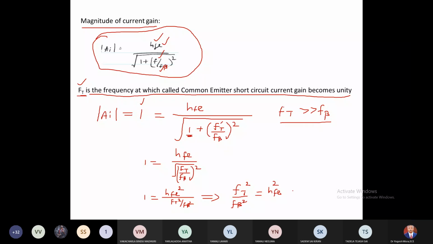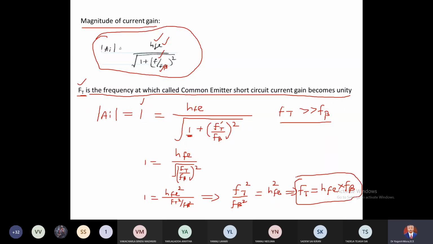And from here we will find the value, and this will be hfe multiplied by f beta. So this is the expression of ft, right?